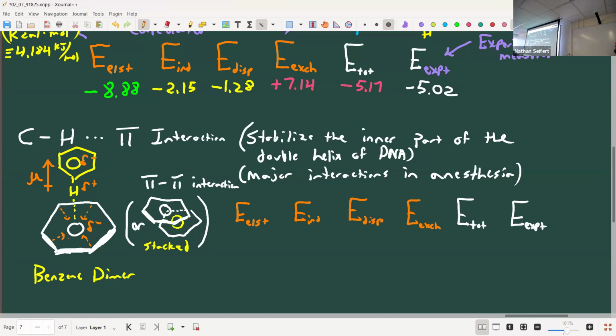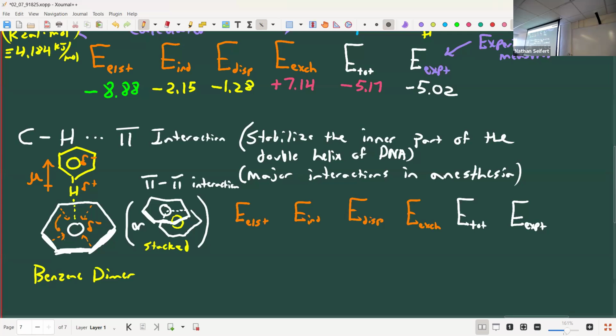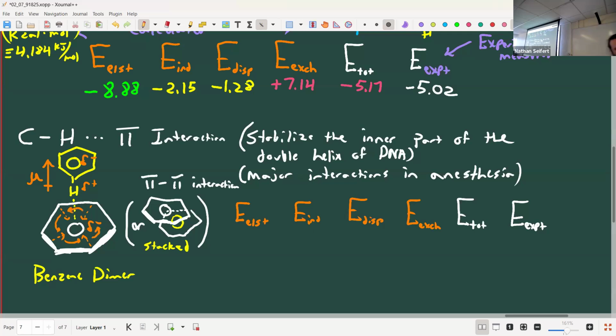It's more of a current, if you would. There's a flow of electrons in this direction, and the presence of the yellow benzene ring induces an additional current. Kind of stirs the electrons up in the center. So that induces some electrostatic interaction. So we would expect to see some induction and some electrostatics, and we do.